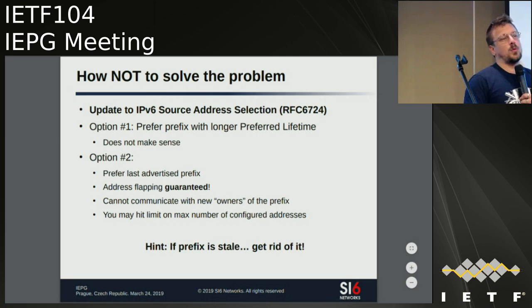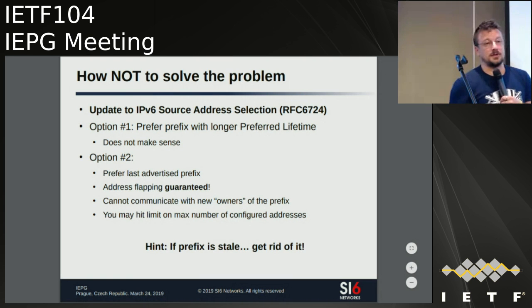One of the proposals was to actually try to somehow affect the source address selection algorithm. For example, one of the things that was proposed is that you should always make the address with the largest preferred lifetime the preferred one, okay? So that's one option, which doesn't actually make sense, because it's up to each prefix which preferred lifetime is employed.